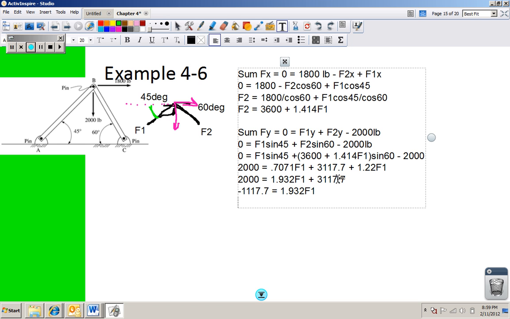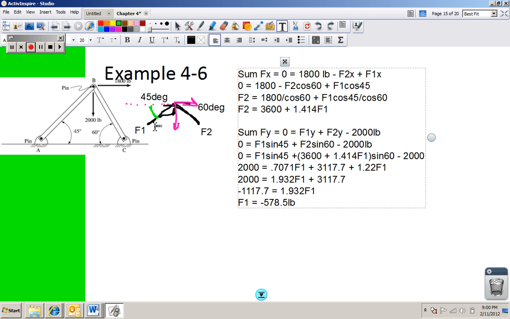Alright, divide that out. And I get F1 is equal to a negative 578.5 pounds. Okay, so what does that negative sign mean?